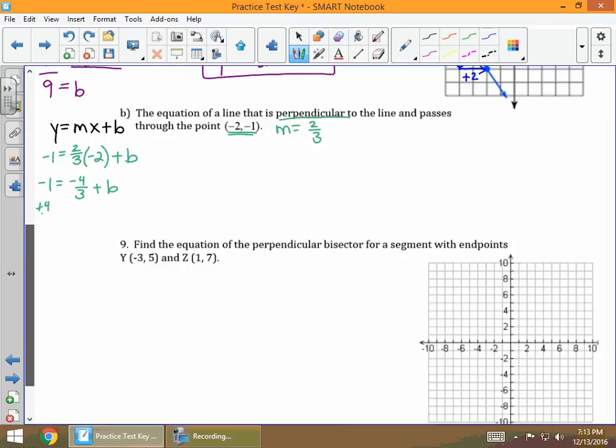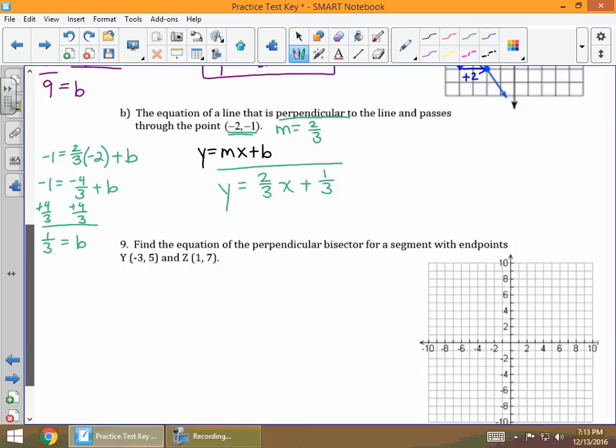Add 4/3 to both sides. -1 plus 4/3 is 1/3 equals b. So I have my y equals mx plus b. Y equals, m is 2/3, x plus the b is 1/3. So the equation of that line is y equals 2/3x plus 1/3.